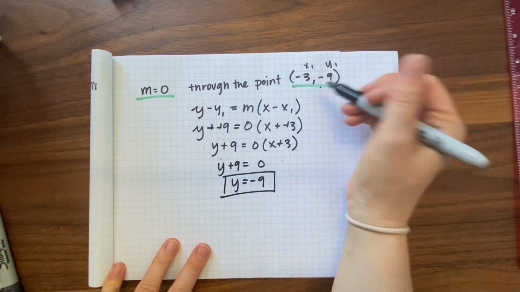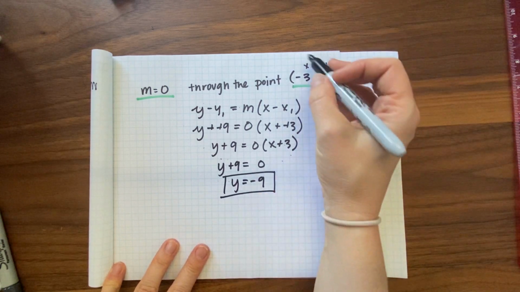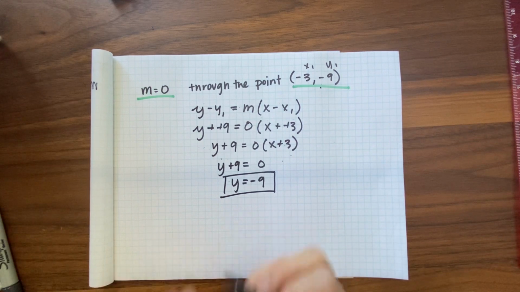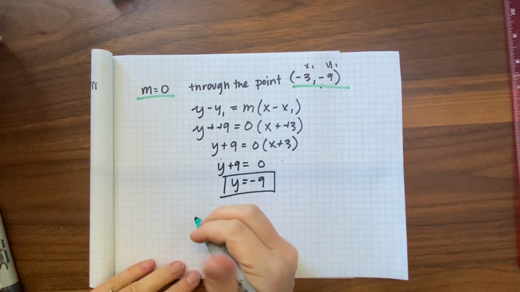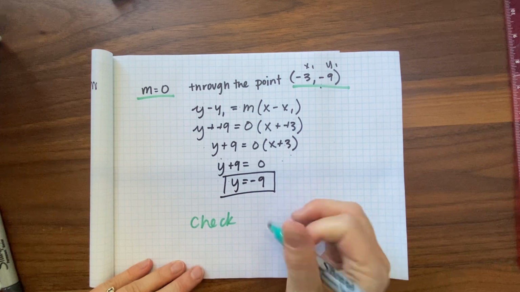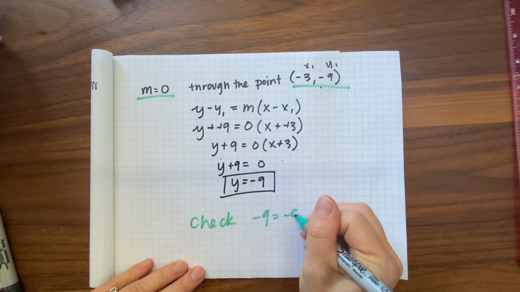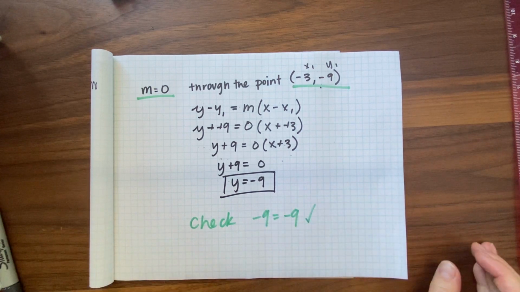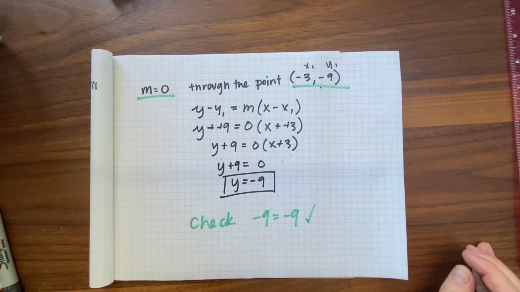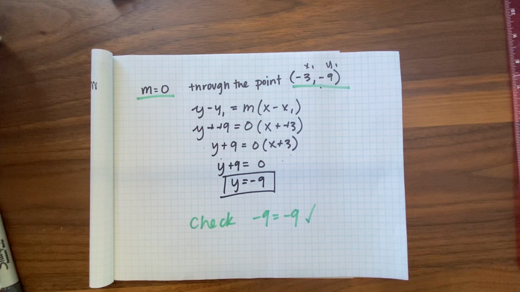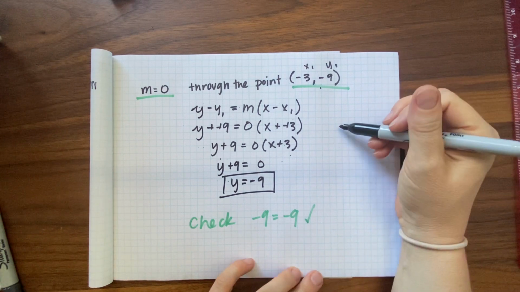Well, if we were to check it, there is no place for an x, so we would just get, for our check, negative 9 is equal to negative 9. Well, yeah, I suppose that is a true statement, but let's think this through just a little bit further.